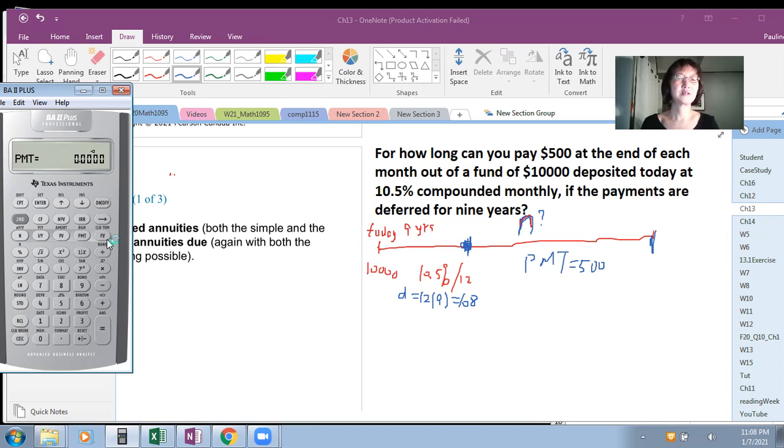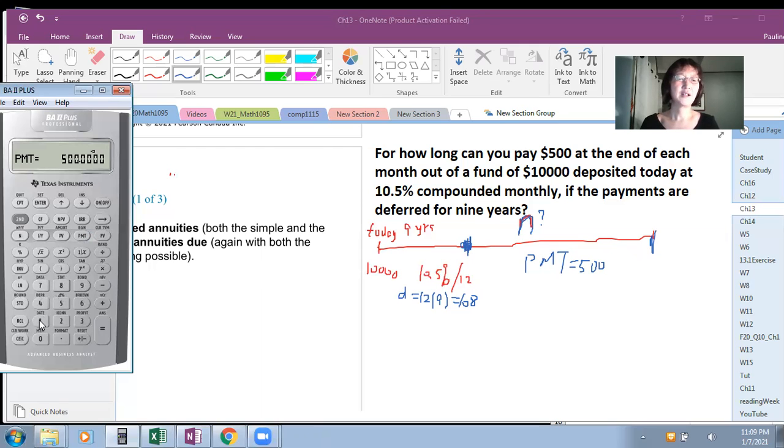Calculate FV. So the number is here. And this FV becomes present value for this annuity. And this annuity has 500 as payment.